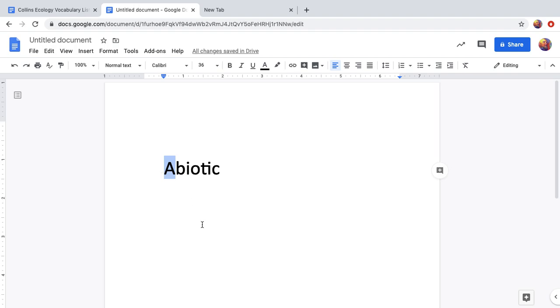It's that simple. A, not. Right? So abiotic means not living. When we're talking about something that is abiotic, we're talking about something that is not living.